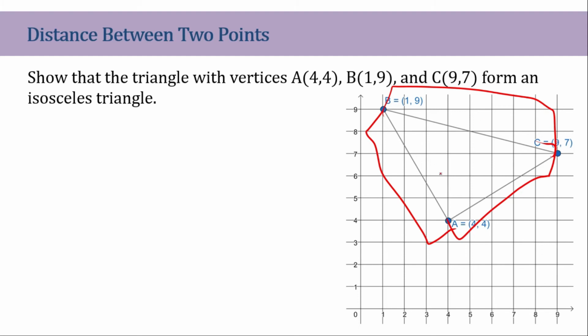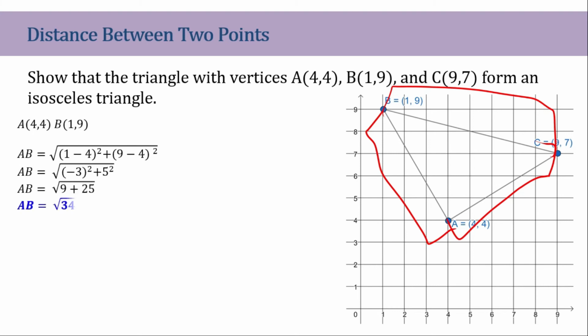Again, we need to find all the distances because it might have three similar or three congruent sides, and that would not make this an isosceles triangle. It will make this an equilateral triangle. So let's start. Let's start with AB. So again, let's just substitute into the distance formula and compute it, and we have a square root of 34.